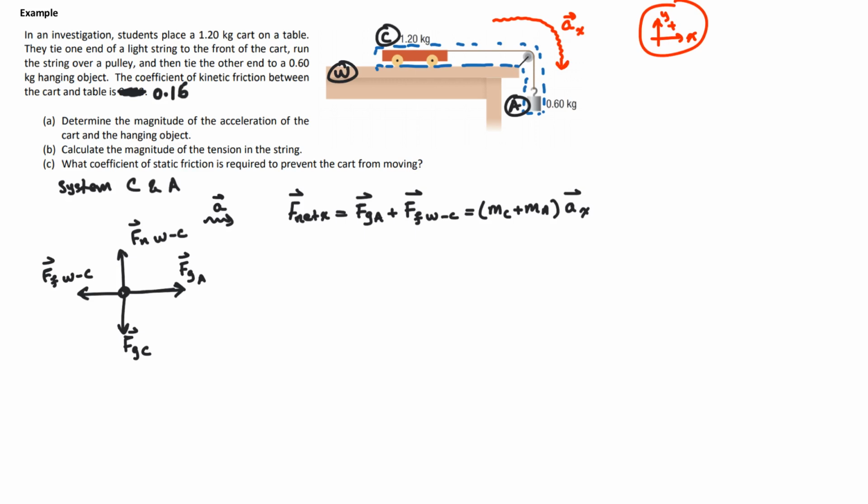Well, in order to figure out that force of friction, I would have to think about the cart on its own for a second and look at what forces are acting on it. So I'll do that separately here.